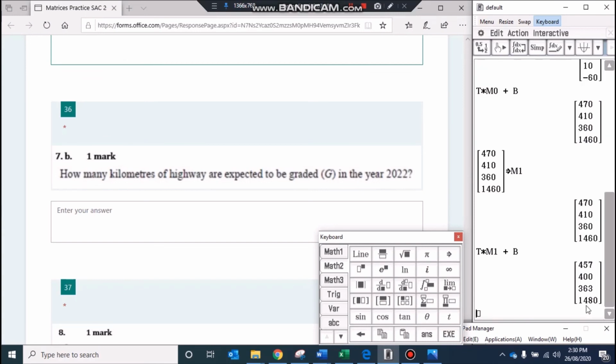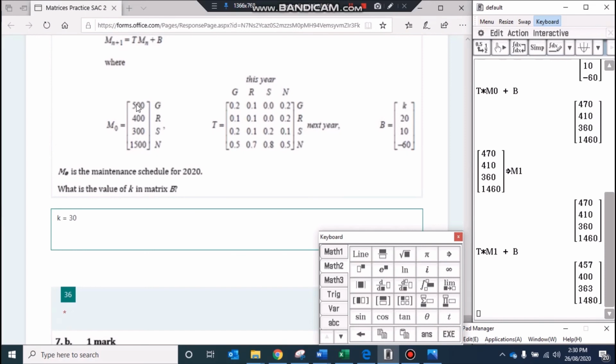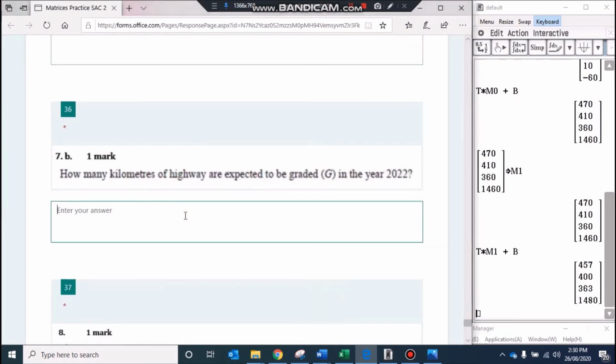That gives us M2. That is the 2022 matrix, and highway for graded is the first element, so that's 457. So 457 kilometers will be graded.